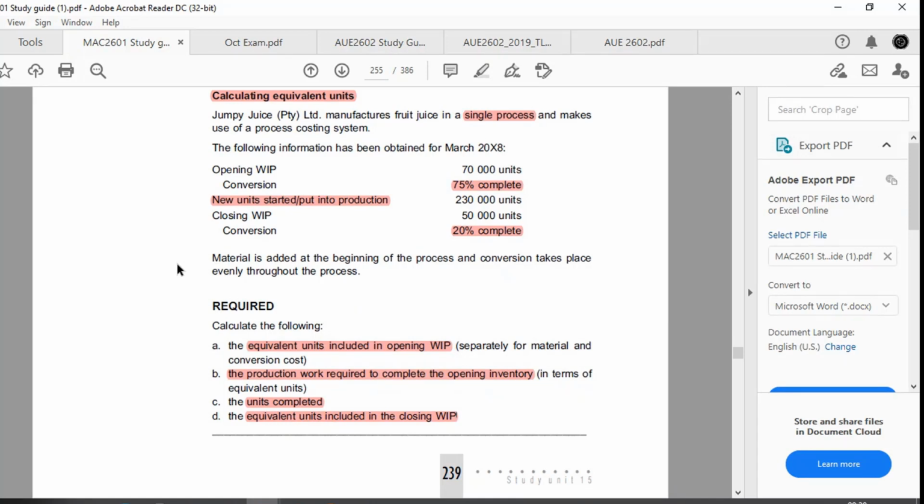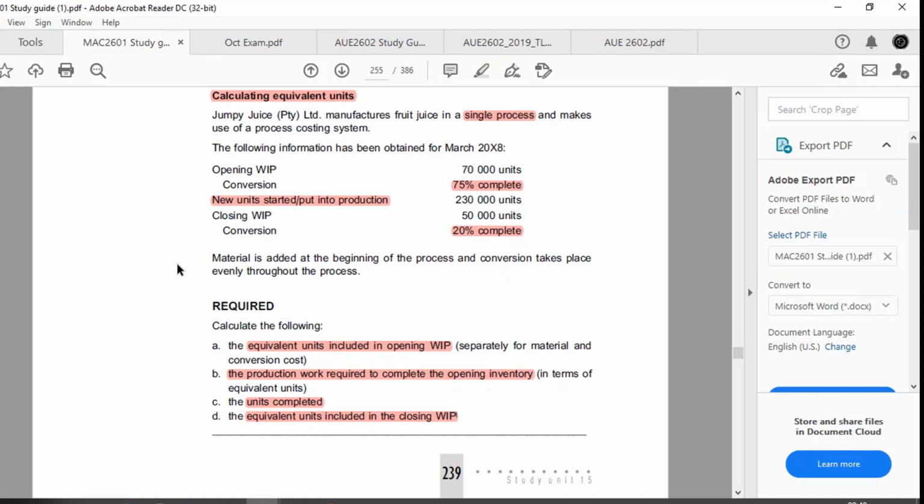With A, what I did was, because they are specifically asking for the material and the conversion costs separately, the material is included at the beginning of the process. So that is 100% of the units. So for material, it is 70,000 units.